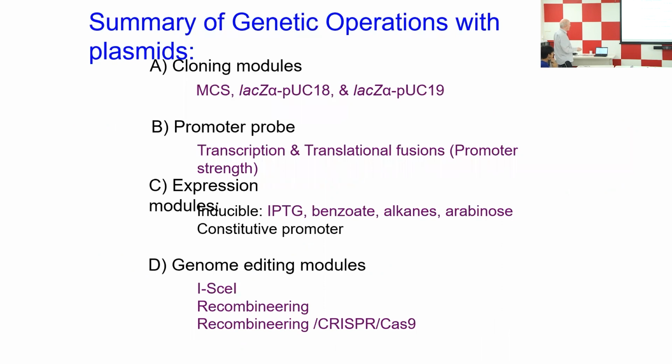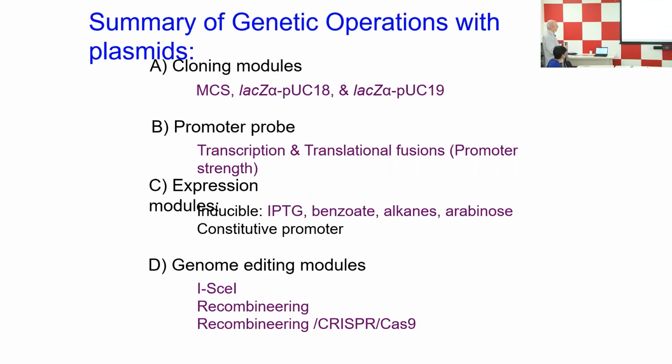Okay, so let's recap a little bit the things that we have seen today and in previous days of genetic operations that you can do with plasmids, okay? So plasmids, you can have many types. Remember the SEVA collection that we discussed yesterday.